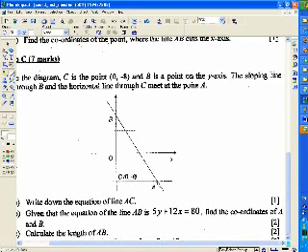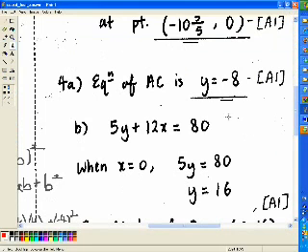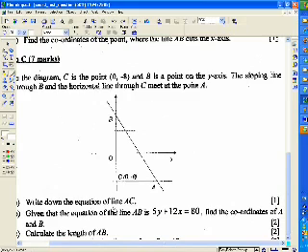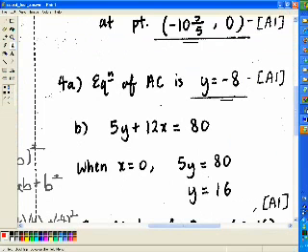So we know that this point is actually having the coordinates of bracket x, comma, -8, close bracket. That's why the first question they ask you, write down the equation of line AC, this line over here, which is y equals to -8.